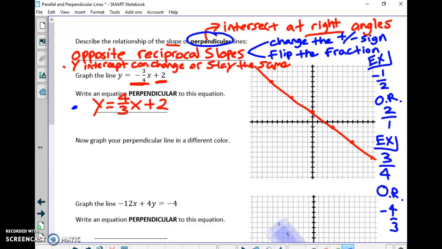The b is still 2, so put a point at 2. And then we're going to rise over run. So, rise 4, run 3. They're both positive, so which way am I going to rise? Up, and then I'm going to run 3 to the right. So, up 4, 1, 2, 3, 4. Right 3, 1, 2, 3. Keep the pattern going.